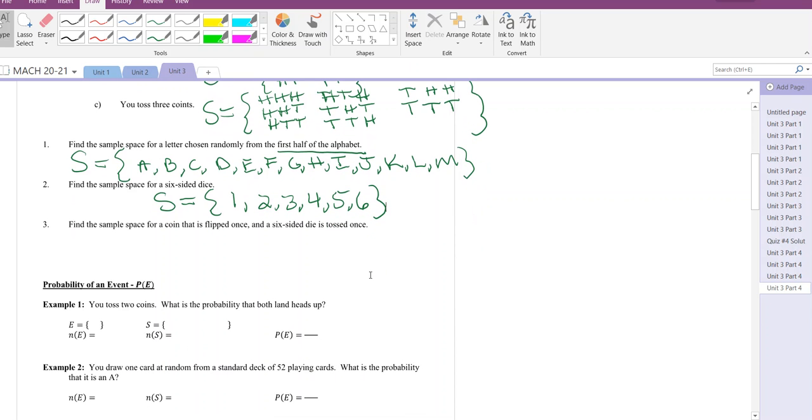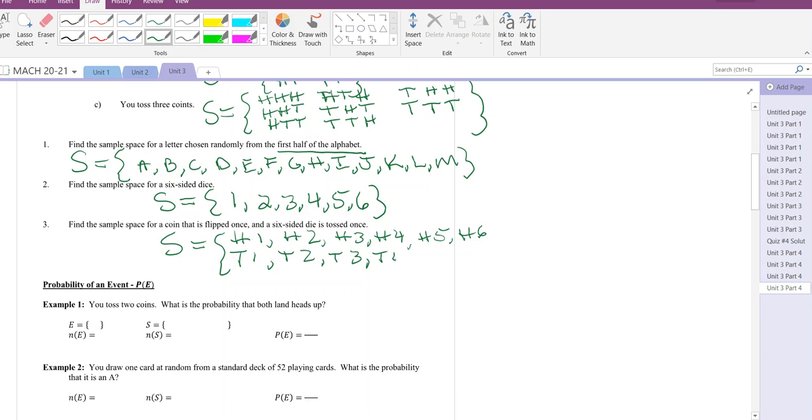Sample space for a coin flipped once and a 6-sided die tossed once: heads 1, heads 2, heads 3, heads 4, heads 5, heads 6, and then the same thing with tails: tails 1, tails 2, tails 3, tails 4, tails 5, tails 6.